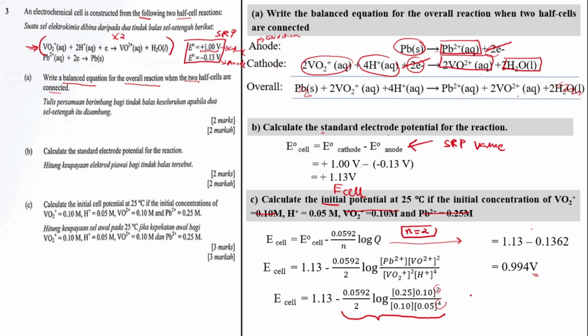Okay, so therefore the initial cell potential is equal to 0.994 volt. So the unit is compulsory, similar to here. Okay, so that's all for question number 3.